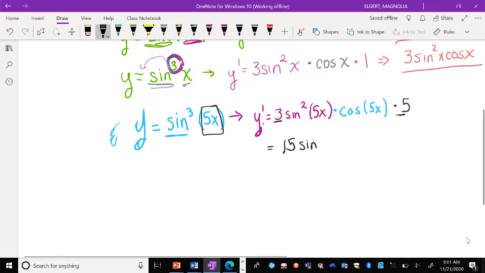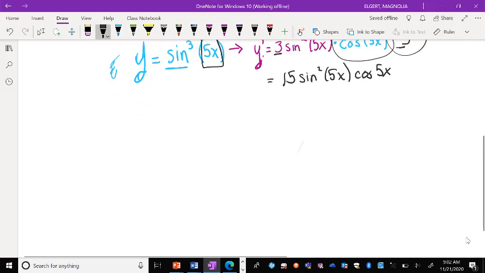Sine squared of 5x times the cosine of 5x. So that's a problem where we used the chain rule twice, because technically this part was a chain, and so was this. So that one had the chain rule twice.